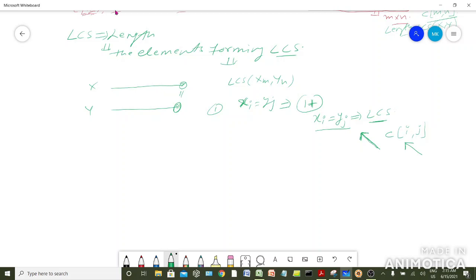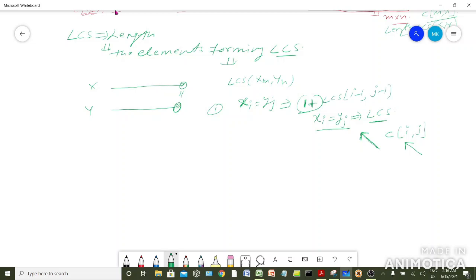Done. Why a diagonal arrow? Because the next part in this equation means while calculating LCS, we need to add 1 and move to the LCS of i minus 1 and j minus 1.